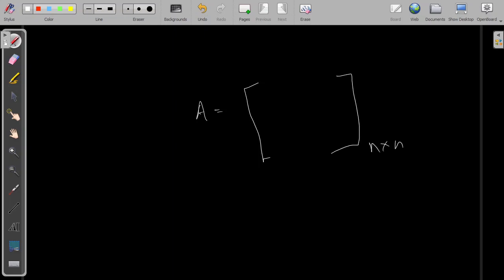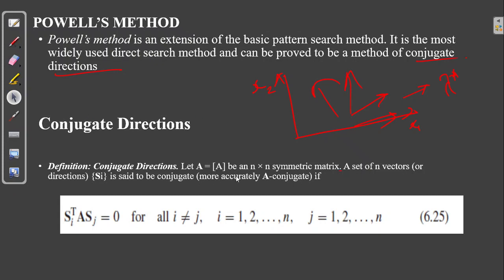So if n equal to 2, then it will be a 2 by 2 matrix with elements A, B, C, D, and each column represents a vector. AC is a column vector, and BD is also a vector. That is the peculiarity of this matrix A.